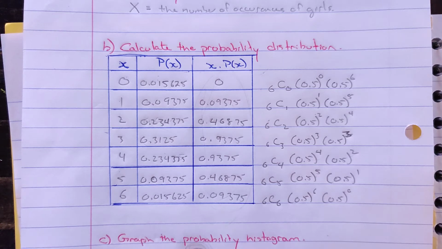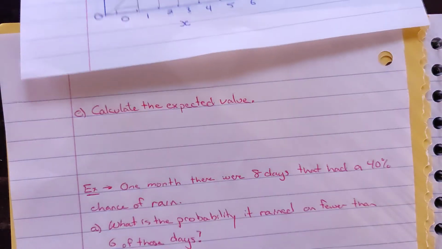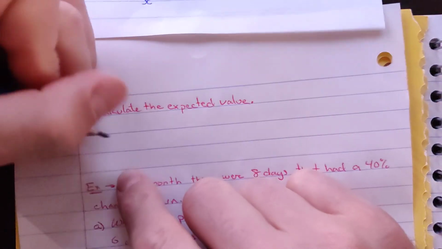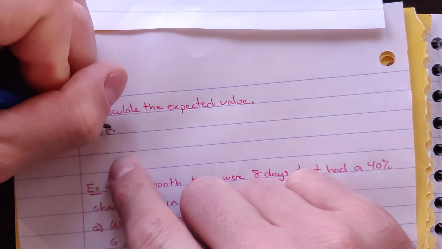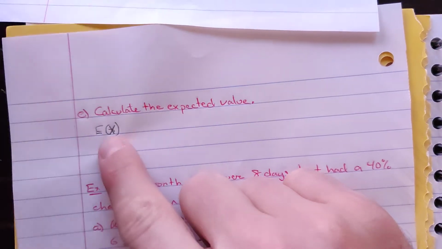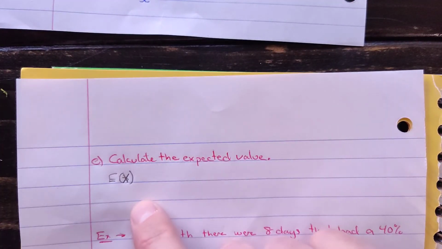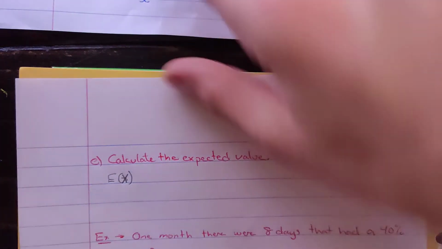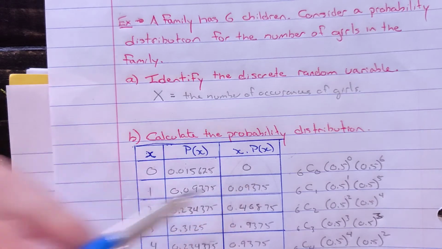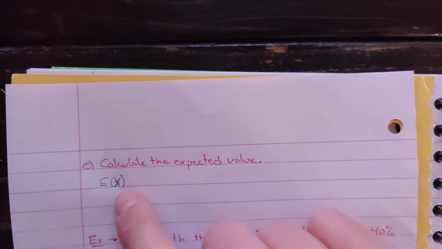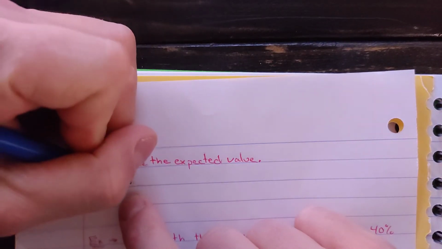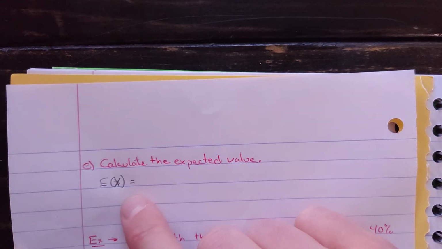If we tally those all up, we get 3. So it's EX, and it's capital X because, again, it's the expected value of the whole situation, not the lowercase x, where here it's lowercase x because it's each individual case in that probability. This is the entire situation, the number of occurrences of girls.